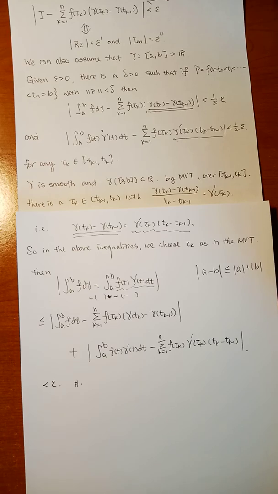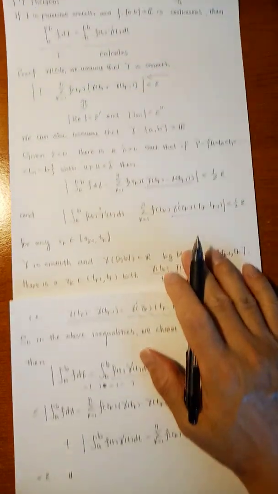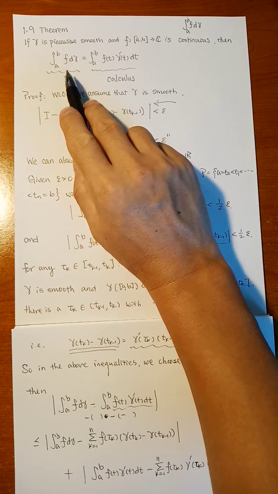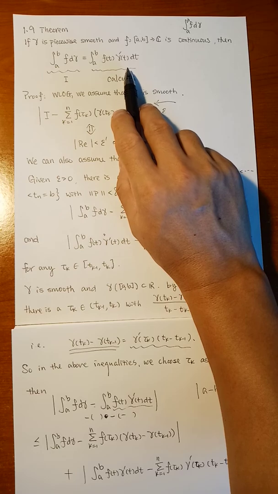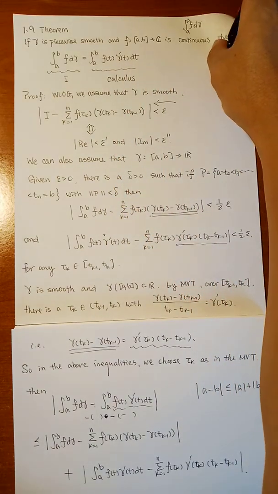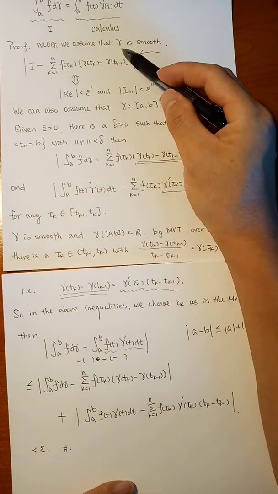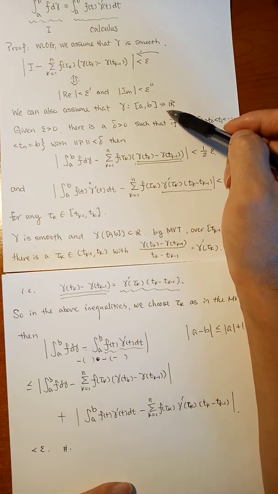So if you have a very nice gamma, at least piecewise smooth, then we can calculate the integral of f with respect to gamma based on the regular calculus, the regular Riemann integral. The proof only covers a special case. We assume gamma is smooth, and we assume gamma takes real values.